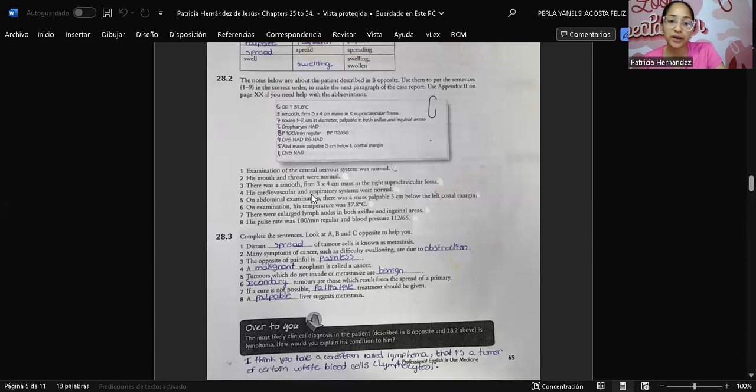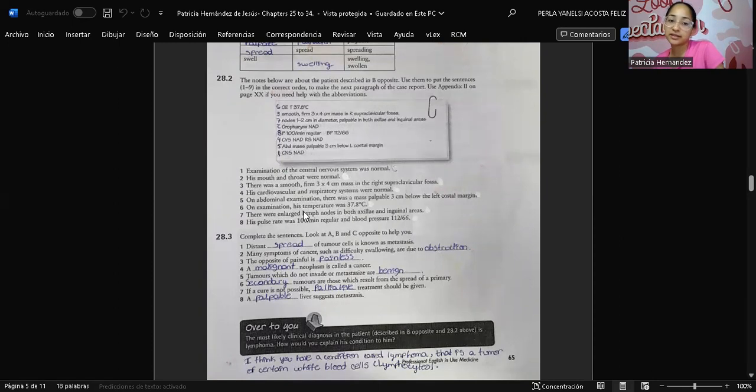His cardiovascular and respiratory systems were normal. That's CVS, NAD, RS, NAD. Number 5, on abdominal examination, there was a mass palpable 3 centimeters below the left costal margin. That's abdominal mass palpable 3 centimeters below the left costal margin.